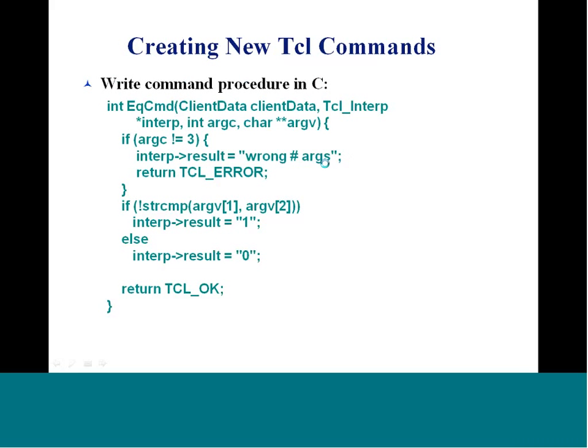So here is one way to create new commands. We call this EqCmd, as an integer, and here we specify the client data, the Tcl interpreter, and some argc and character argv. If the argc is not equal to 3, then basically we just set the result to wrong number of arguments and return TCL_ERROR.